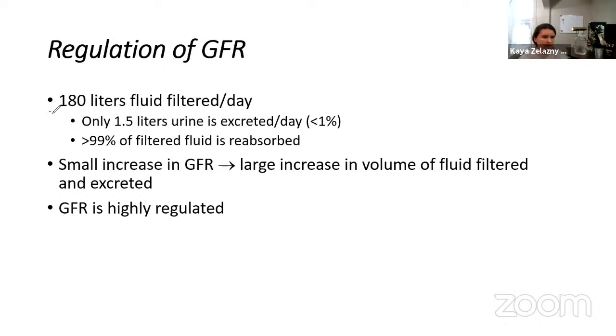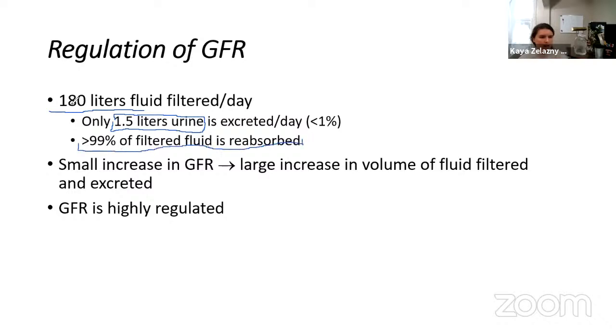So even though we have this filtration rate of 180 liters per day, you only excrete about 1.5 liters of urine. So you're not peeing 180 liters per day. We're going to be reabsorbing a lot of fluid.